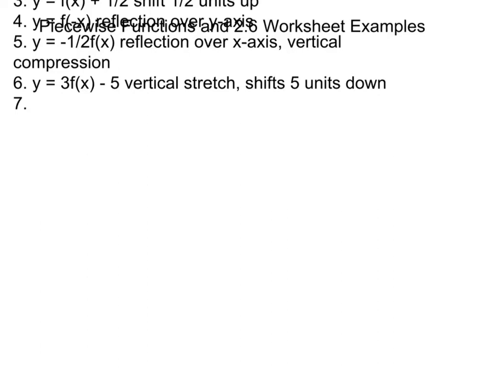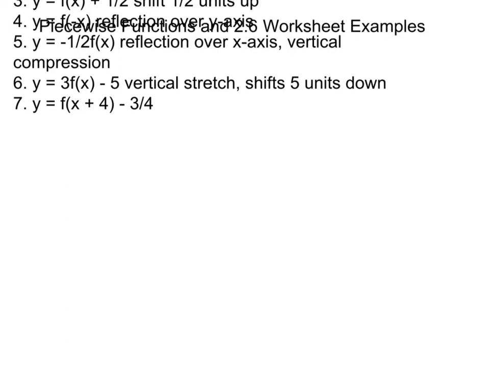Then number 7. All right, number 7, we got 2 things going on. We have a number inside, and if you notice now, it's plus. Remember, this affects it horizontally.